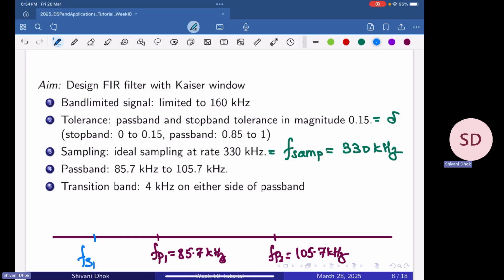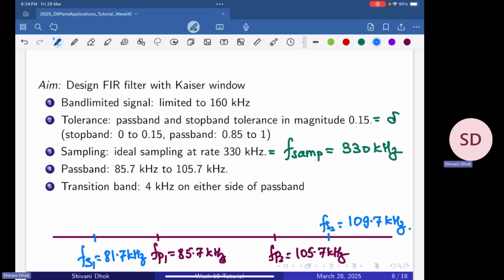This is FS1, which is FP1 minus 4, that is 81.7 kilohertz, and then we have FS2, which is 105.7 plus 4, that is 109.7 kilohertz. So these are the specifications that are given to us.